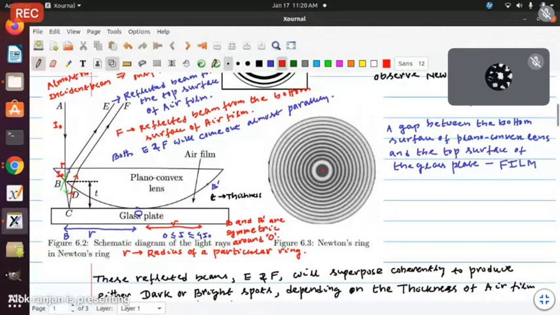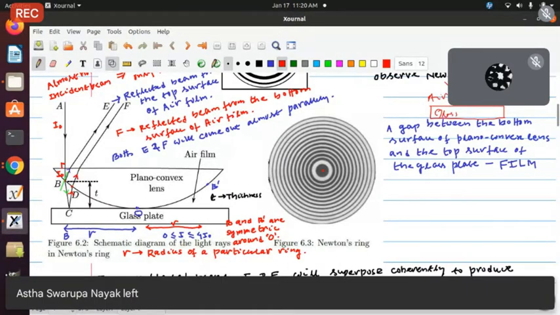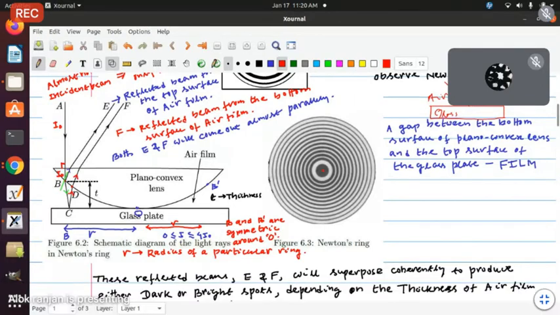So I should tell one more thing. So we know reflection and transmission and refraction will occur. So in this process, what will happen if you have an incident beam I naught? So let's say it hits another medium. Let's say glass to water, or air to water or glass. What will happen? So some portion will get reflected and the rest will be transmitted like this.